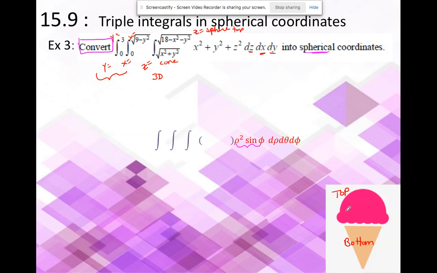So I kind of got my top minus my bottom. So I know what, right? This is not too bad to convert to rho, right?